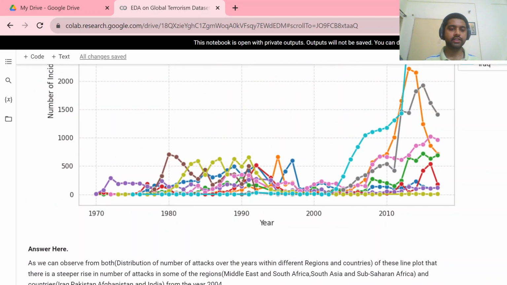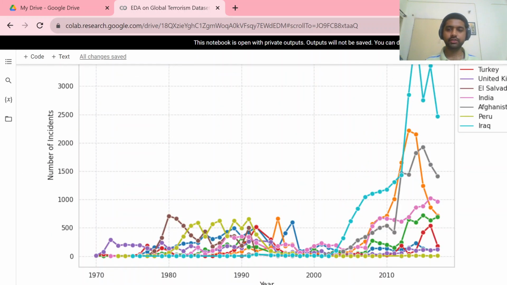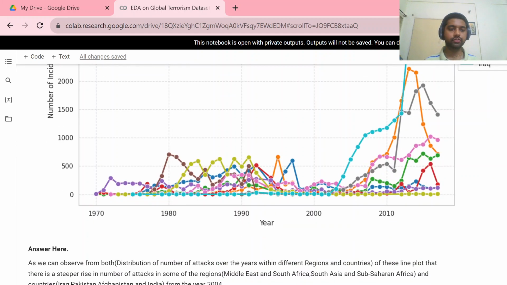So what are the insights we find from this chart? Here we can clearly see that the countries in which these terror activities have taken a certain rise are either sharing geographical boundaries or geographically nearer to each other. Similarly, we can see the same observation for the region distribution.